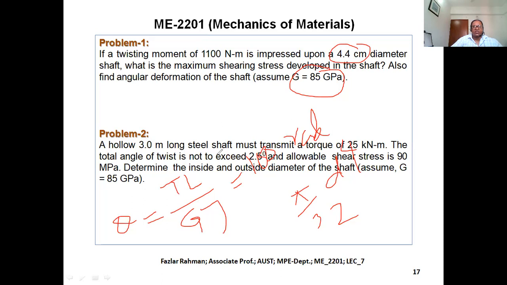In our problem, they want theta but no L is given, so you figure out theta by L. In that case, you will get 100 degree or radian per unit length. If length is in meter, you can say 100 radian per meter, or per centimeter, or per inch. So this is problem 1.